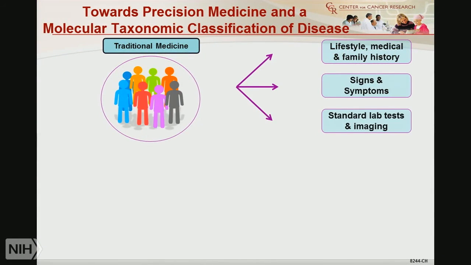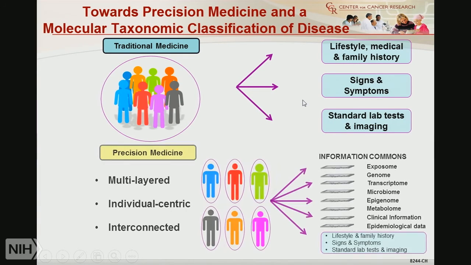The kind of medicine that I learned and many of my colleagues learned is traditional medicine, in which you take a history, in which you get information, the medical and family history and lifestyle, do a physical examination, order some tests, and come up with a differential diagnosis and treatment plan. So what's precision medicine? Well, precision medicine builds upon traditional medicine.